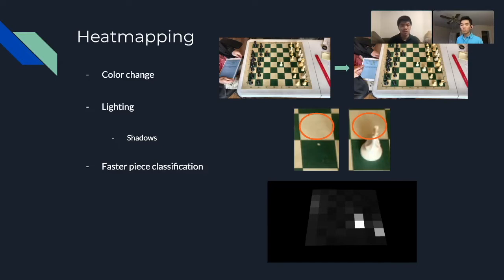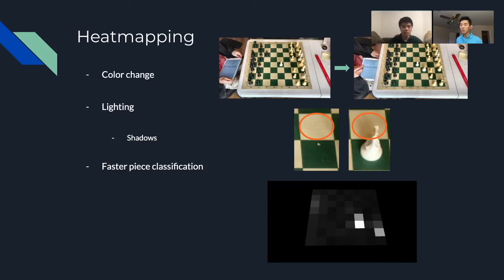Now, one of the difficulties with this technique is that it is extremely sensitive to lighting. For example, in the two images in the middle of the diagrams right there, which are just showing the knight and the empty square, you can see that the square behind the knight suddenly has a shadow in it in the next frame.